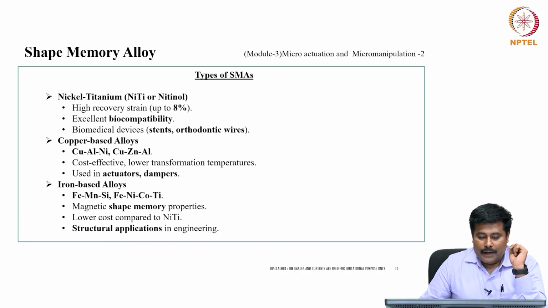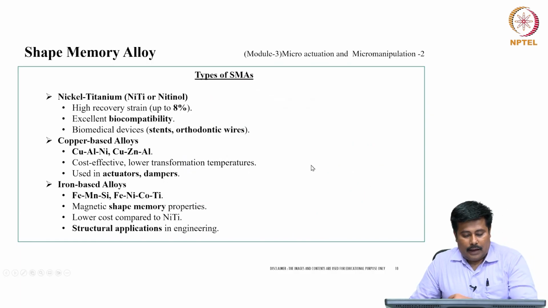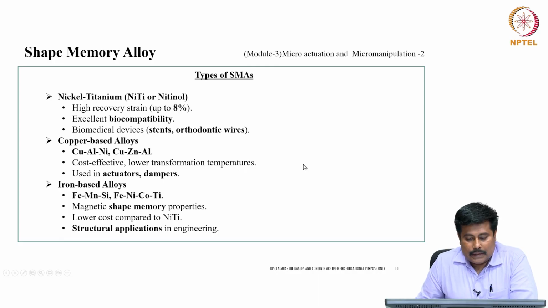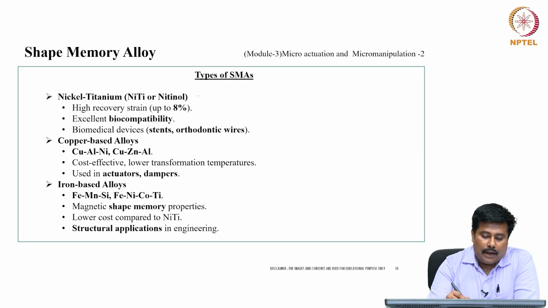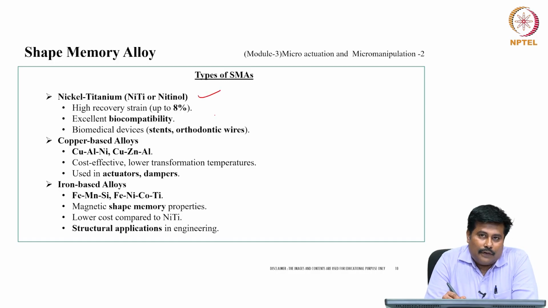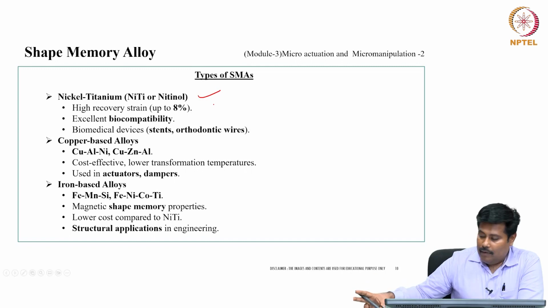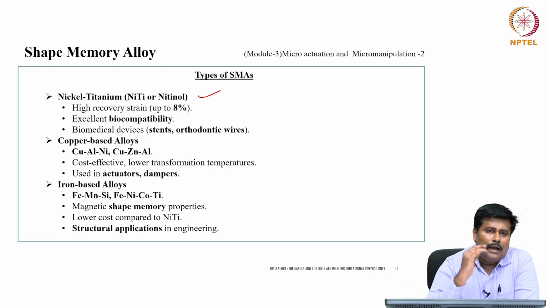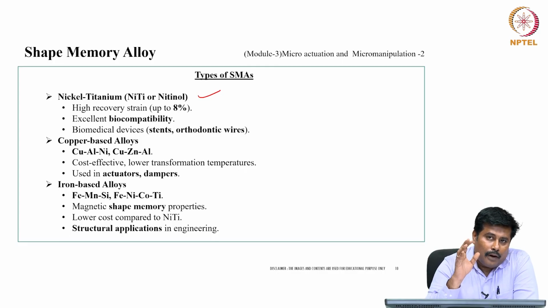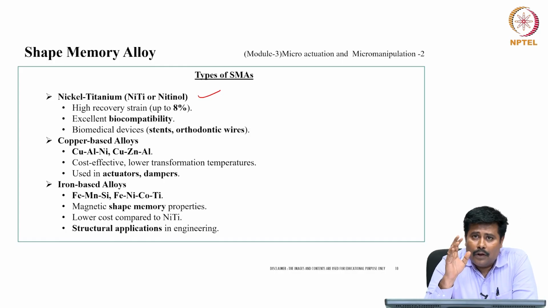Now, as far as these types of shape memory alloys are concerned, we have already seen that they are either nitinol based. These nitinol based shape memory alloy structures have a high recovery strain, up to around 8%. And the most important point is that they have excellent biocompatibility.